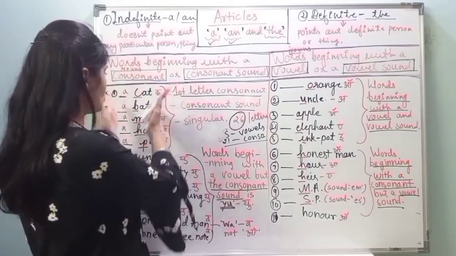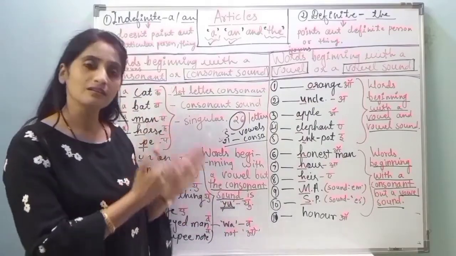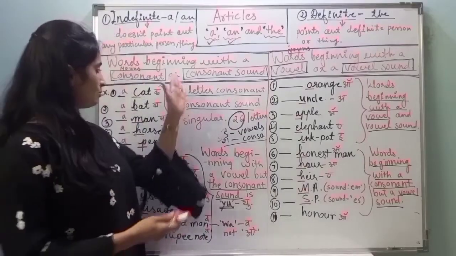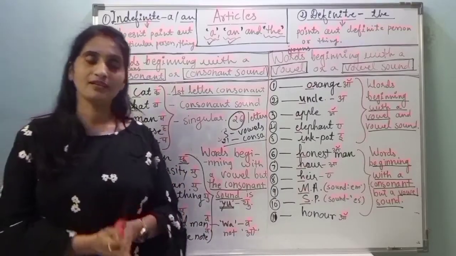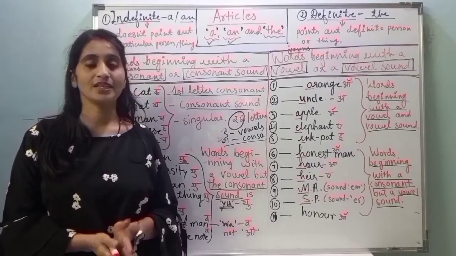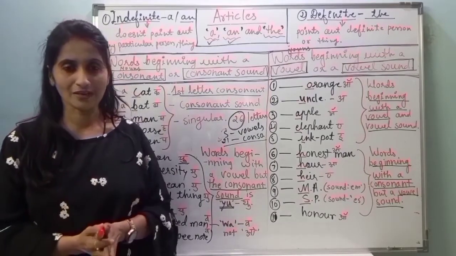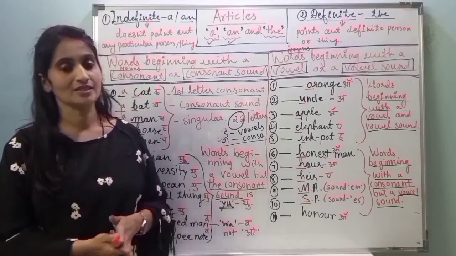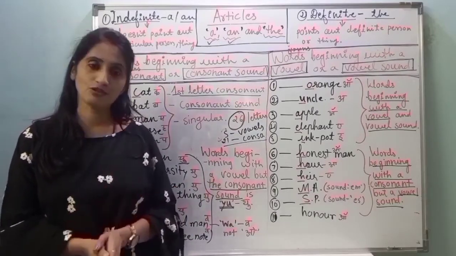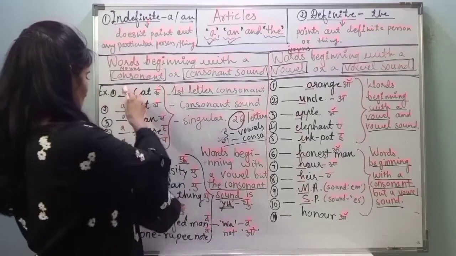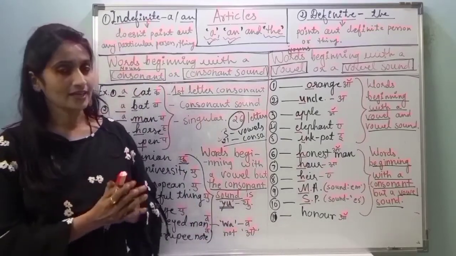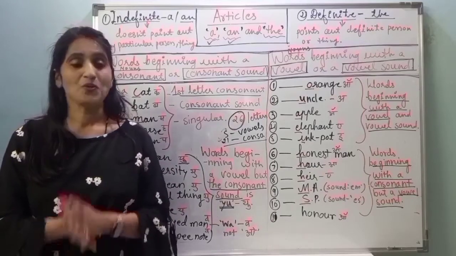And so we have to make use of the article a here. So from this, we can understand that if a noun is singular in number and begins with a consonant or a consonant sound, we should make use of the article a. The meaning of a or an is one.